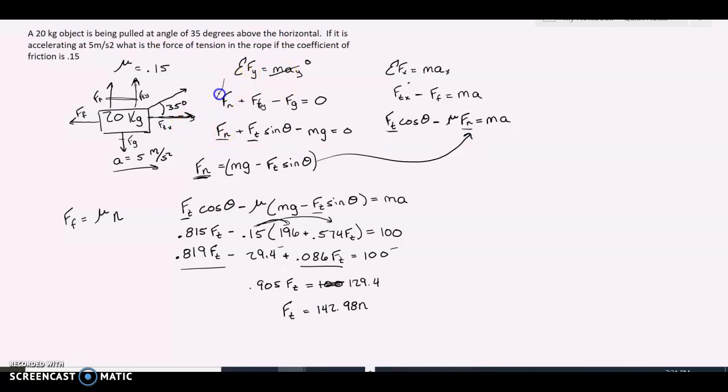And because we couldn't solve everything with the y plane, we ended up with two unknowns there. So I had to switch to the x, and that also gave us two unknowns.